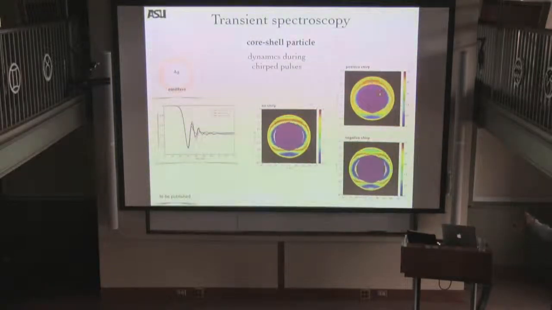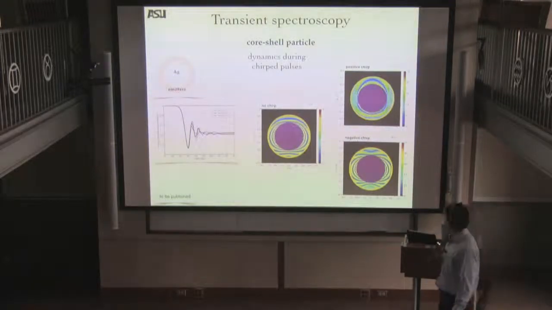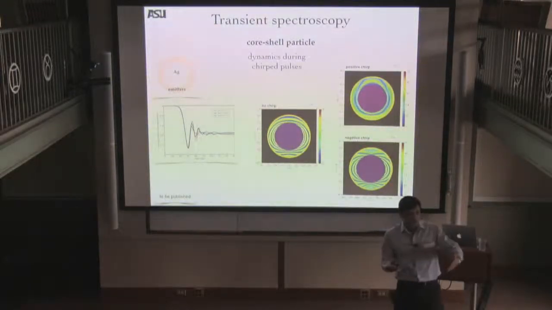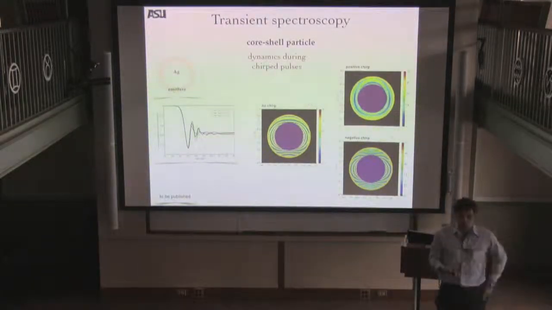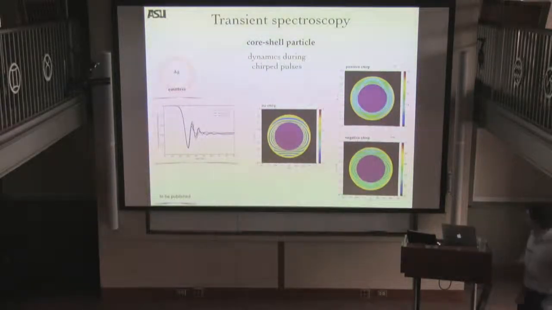For example, for positive chirp, the inhomogeneity is not the same as for no chirp or negative chirp, and so on. Mind you, this is a 10 nanometer thickness. So you can achieve spatial-temporal control over the dynamics of this system.